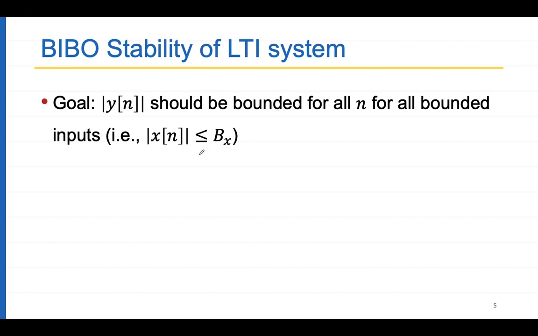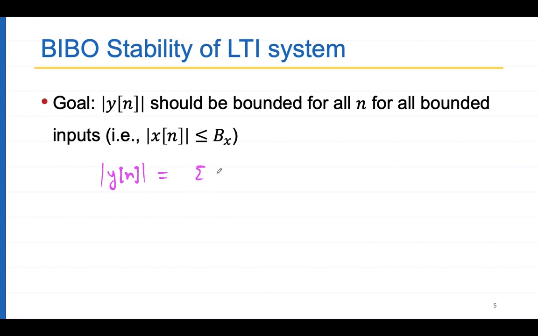How do I see what properties my system should have so that it is BIBO stable? No problem, we will start with this. Our goal is that y[n], let's start from here. How do I write it?